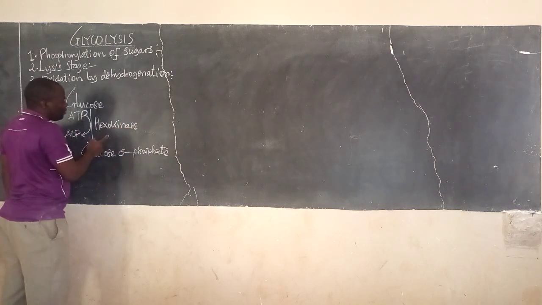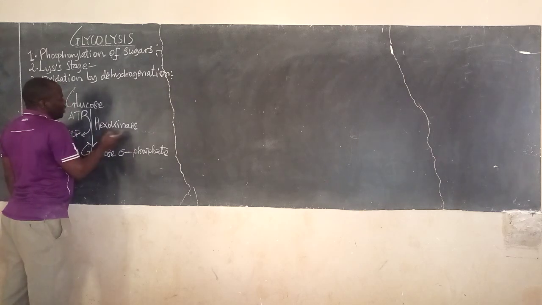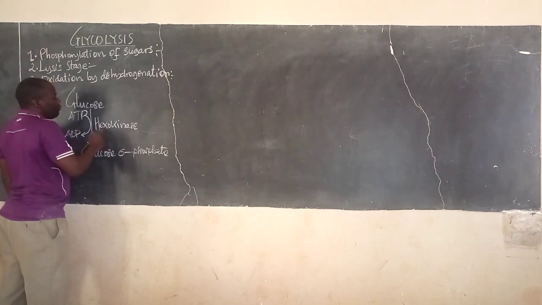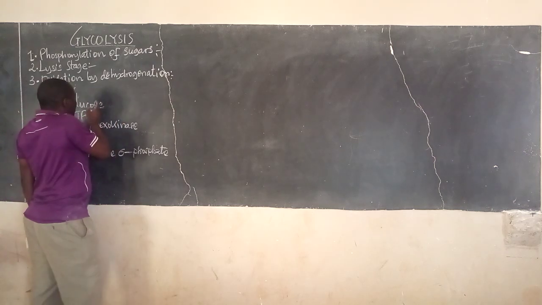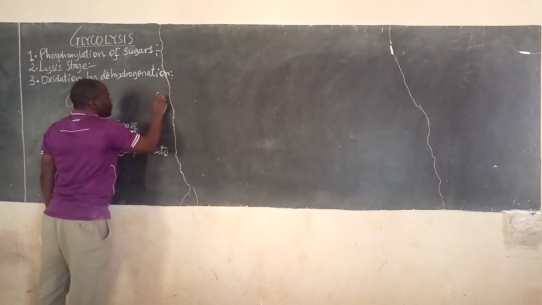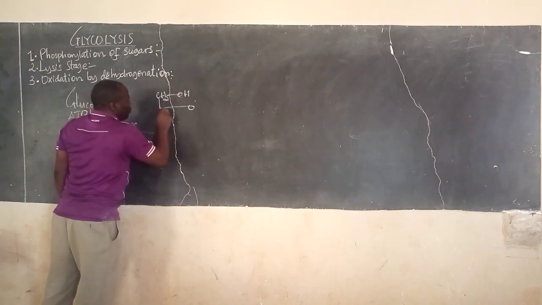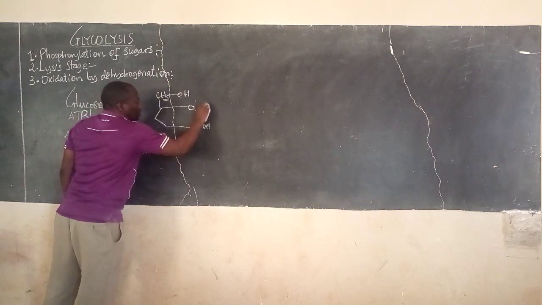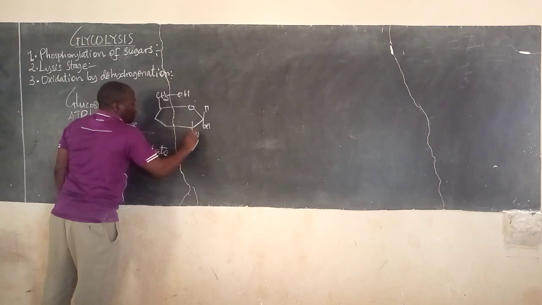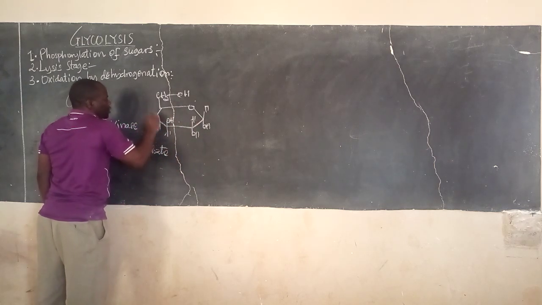This happens in the presence of a certain kind of enzyme known as hexokinase. In most cells there is hexokinase, but mostly in hepatocytes or liver cells, we have what's called glucokinase. This is the written word for glucose, but the organic structure of the glucose is written like this: CH2OH, OH down, OH here, OH inside, OH here.